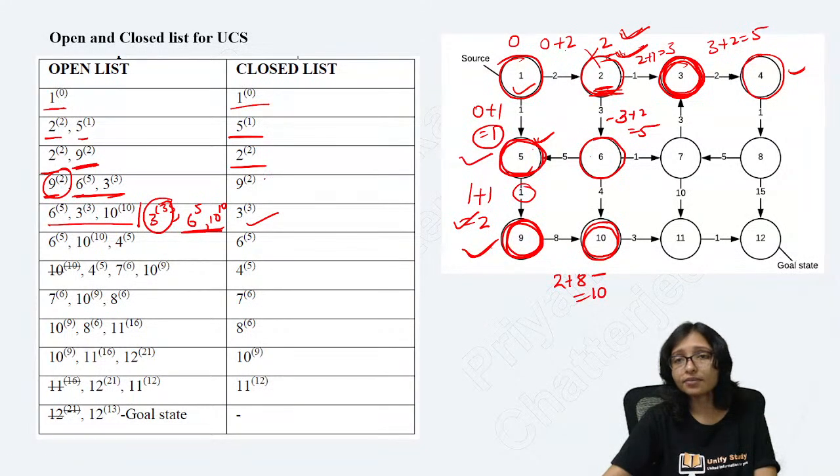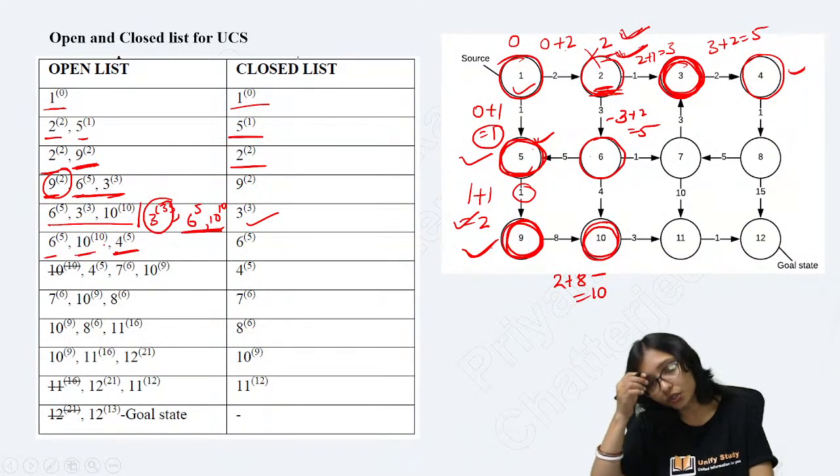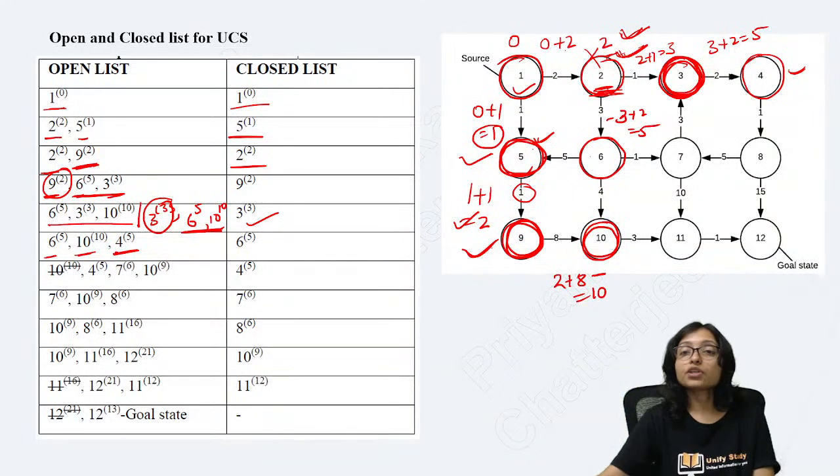So now again I will maintain the priority queue. So here 4 is 5 and 6 is also 5. 10 is also 10. Out of them, which one should I choose? I should choose the previous one. 6 is also 5. 4 is also 5. But 6 was already present previously.